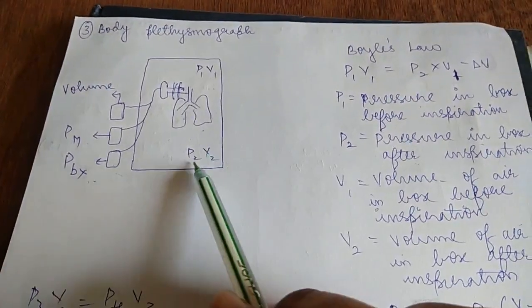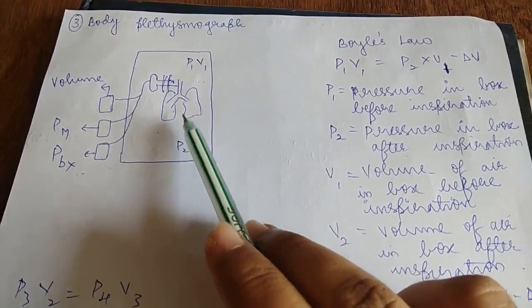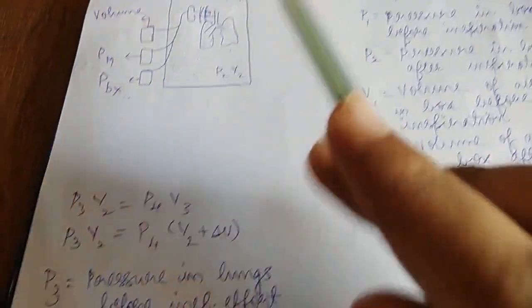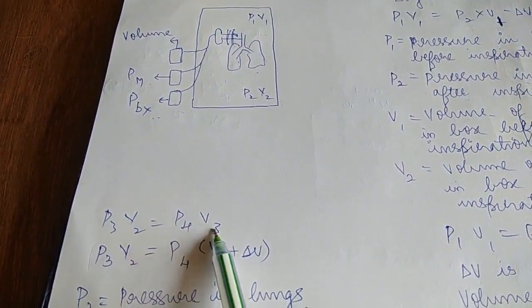Now whatever we have calculated is for the gases in the box. Now we apply the same Boyle's law for the gases in the lungs. That is P3 into V2 is equal to P4 into V3.